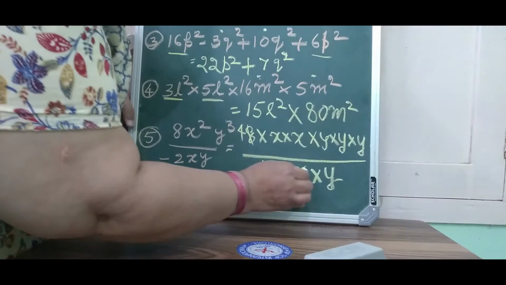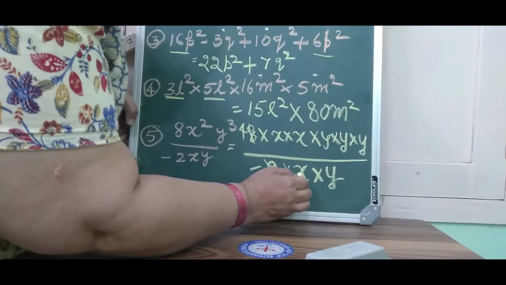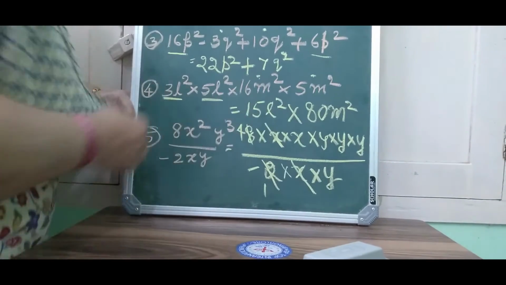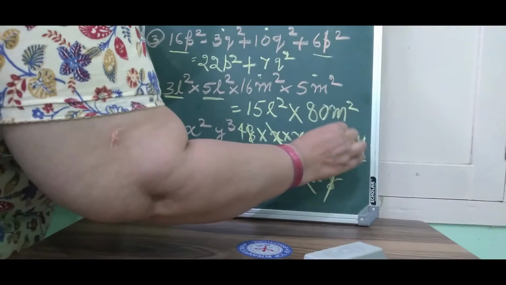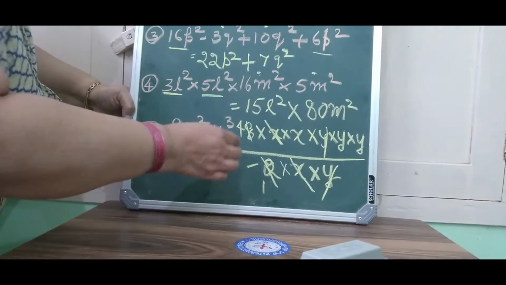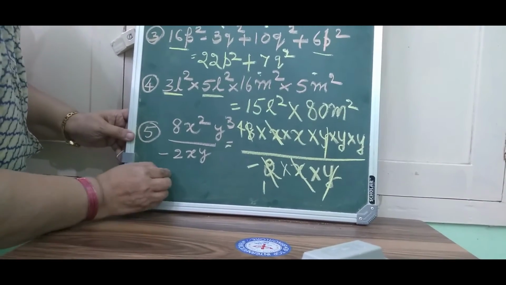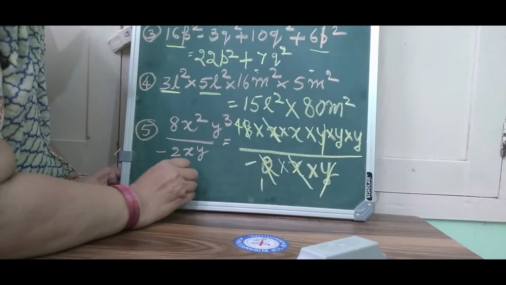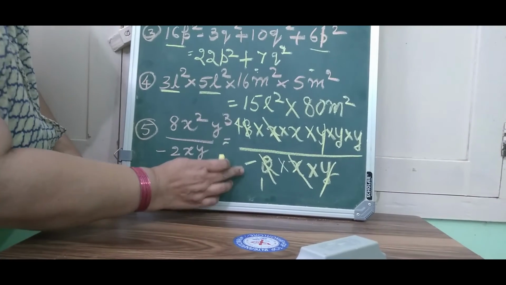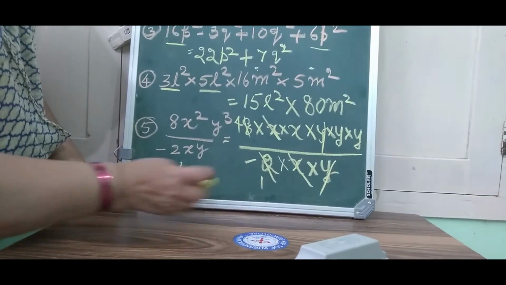And again x can be cancelled. Only one x can be cancelled. Don't cancel the one more x. Again y and y can be cancelled. What are all the remaining terms? We will write it as the answer. See here 4 is there. First write the 4. And don't forget this negative sign.